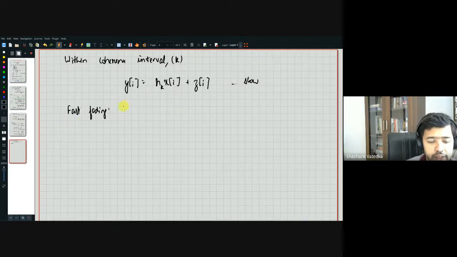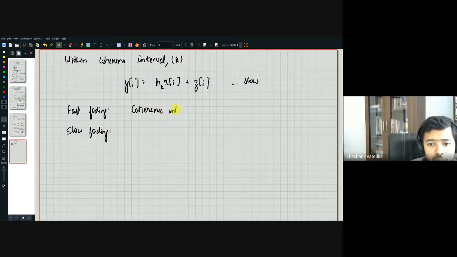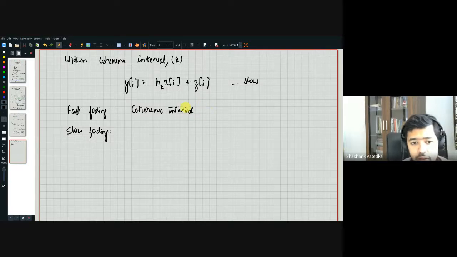So we'll say that the channel is fast fading if the coherence interval is much smaller than the block length n.